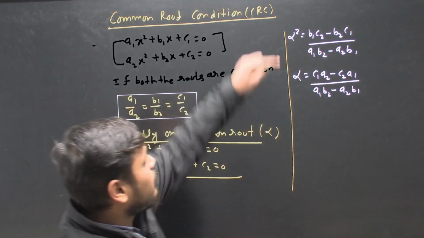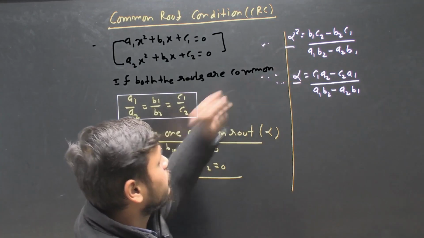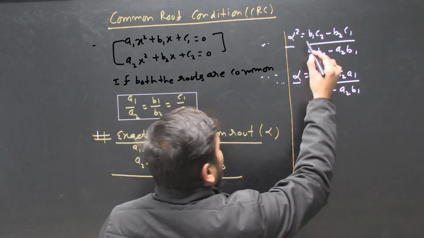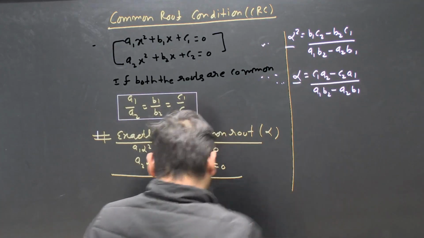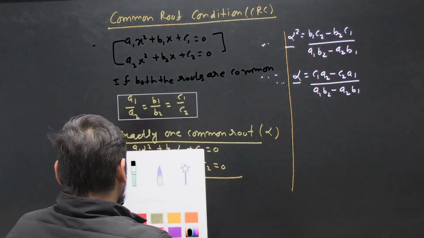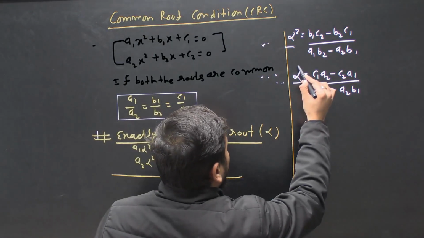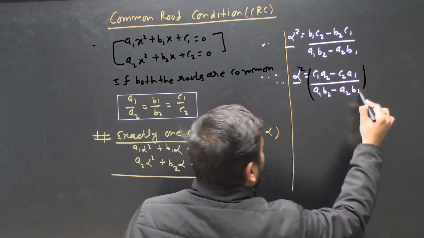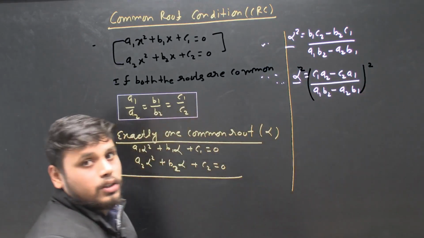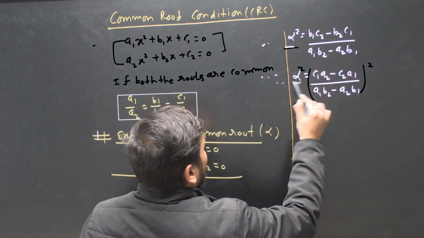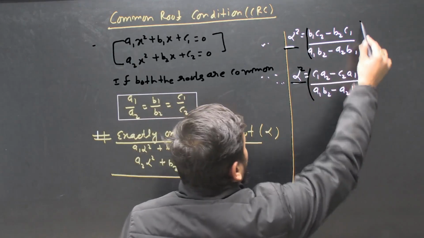Now this is the value of alpha square, and this is alpha. If we square this term, it will become alpha square. So this is the value of alpha square, and this is also alpha square, so the RHS parts should be the same.